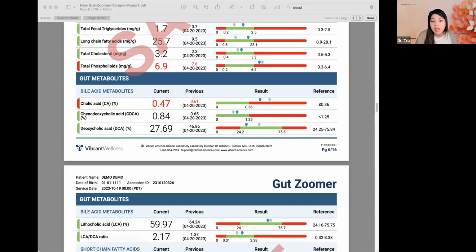So a high level of these two markers is, like I said, significantly associated with colorectal cancer, and it promotes cell proliferation, inhibits apoptosis or cell death, and induces inflammation in the colon.